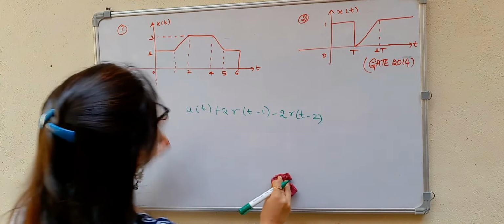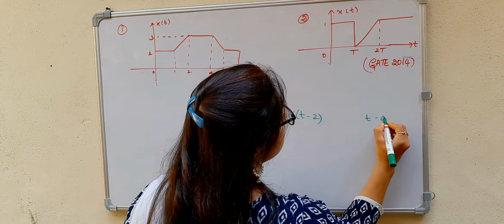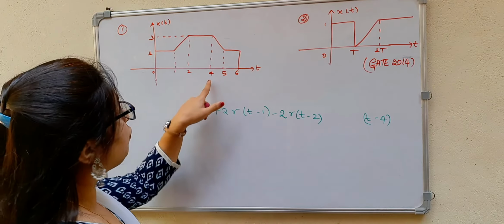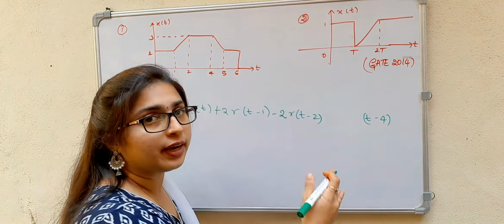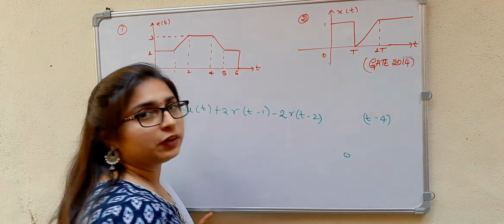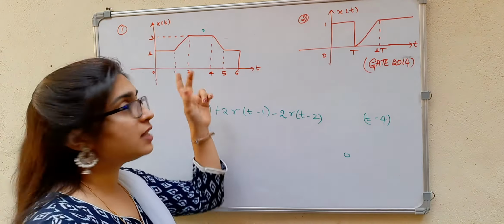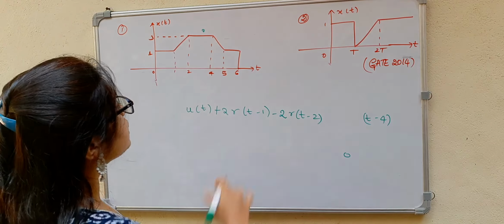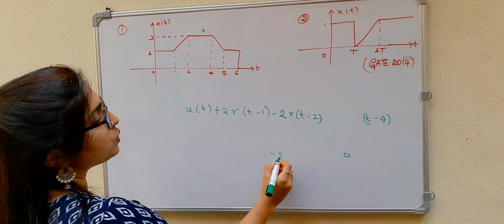Next, what happens? Here at 4 I will now consider t minus 4. At 4 you are going to get a ramp which is having negative slope. The slope was 0, since a horizontal line has slope 0. Now it is going to get a slope equal to minus 2.